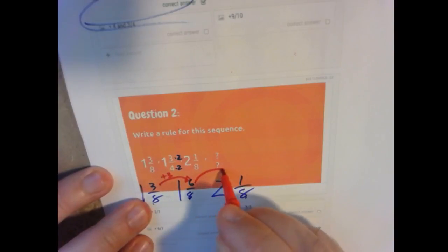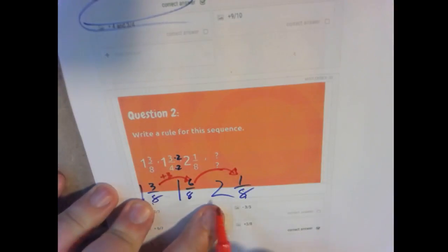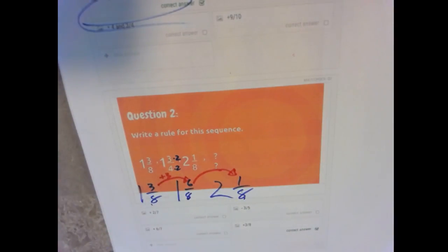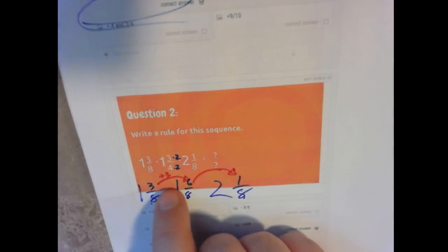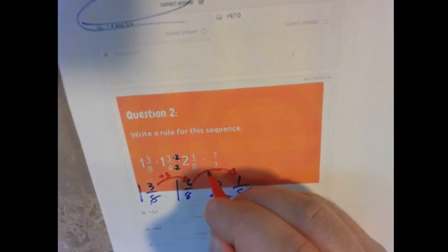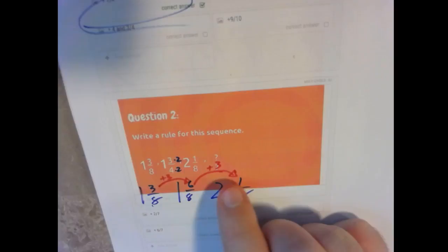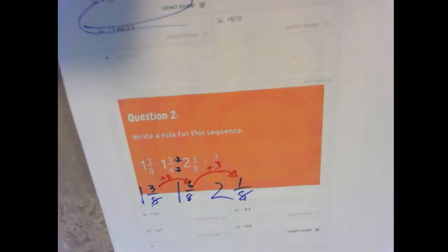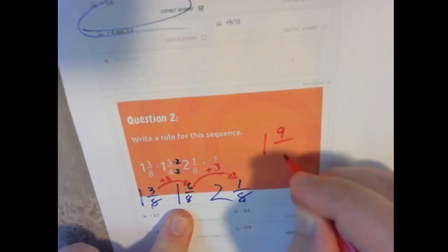Now something interesting happened here: 2 1/8, the clock switched over again, right? So if we went 3/8, we went 3, 4, 5, 6. If we took 3 more steps, what would happen? It would change the clock over, so to speak. So 6, 7, 8, 9/8. So we would have 1 9/8.